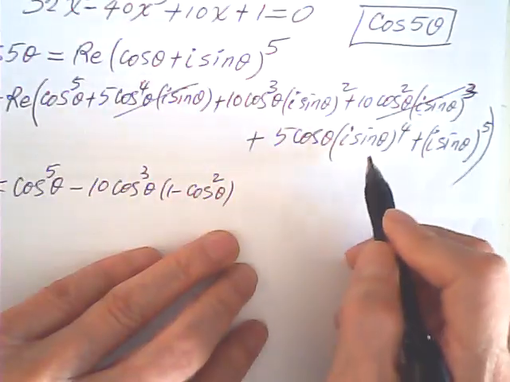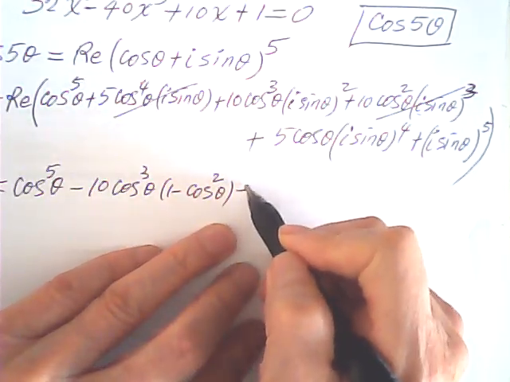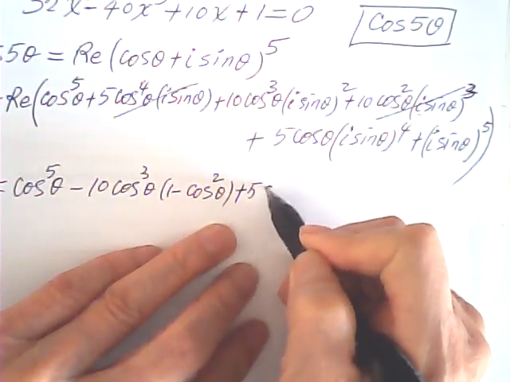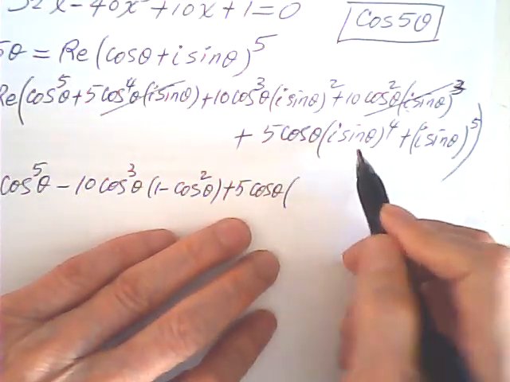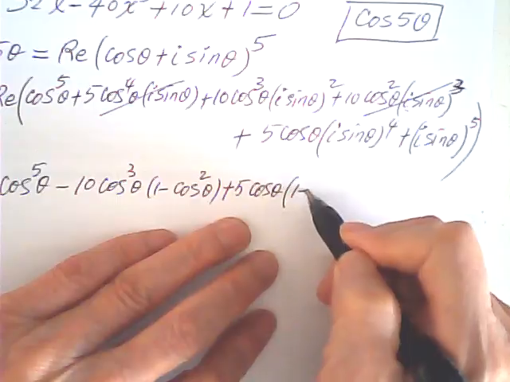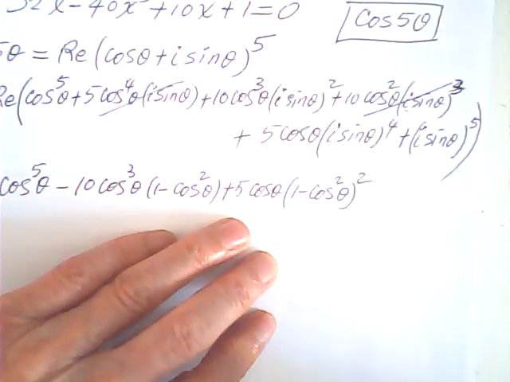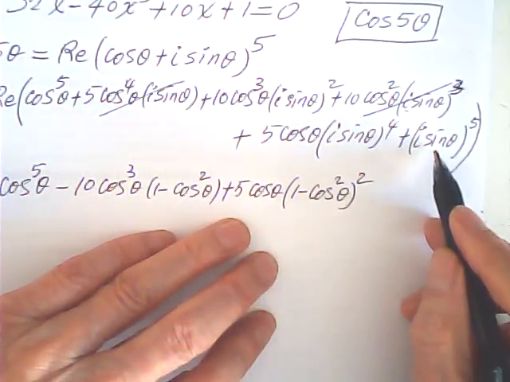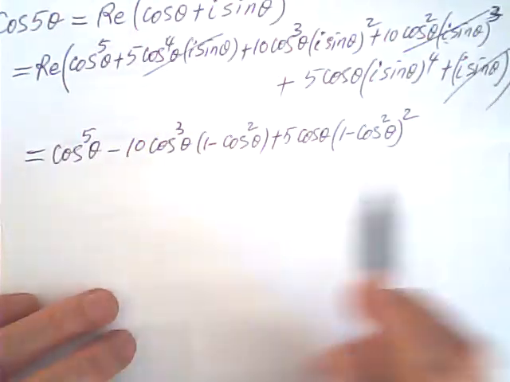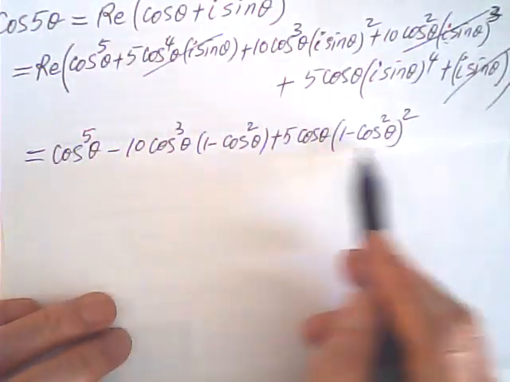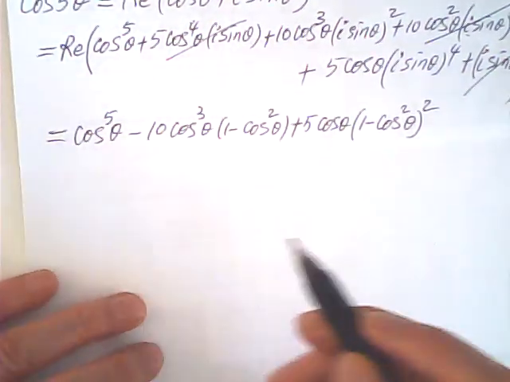This one, i fourth is a 1, so this is good: 5 cosine theta, and then sine 4th. Sine square is 1 minus cosine square, squared. The last one is imaginary, so I don't want it. So that is the remaining part for the real.